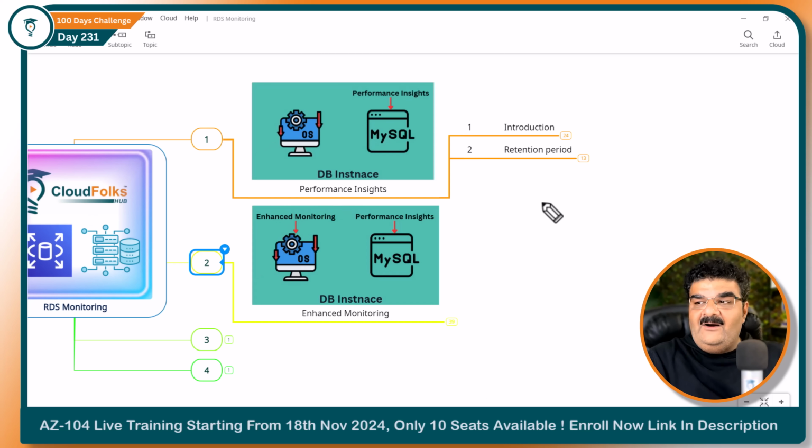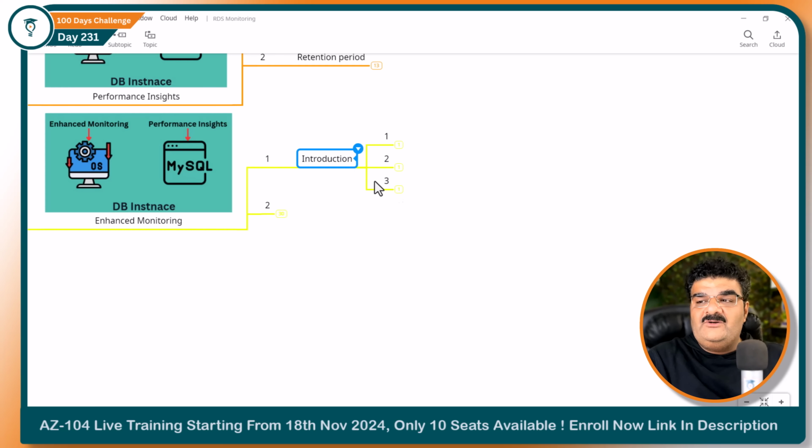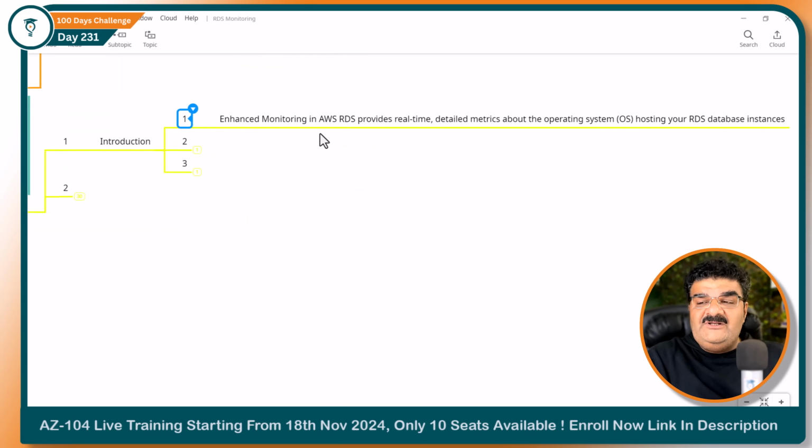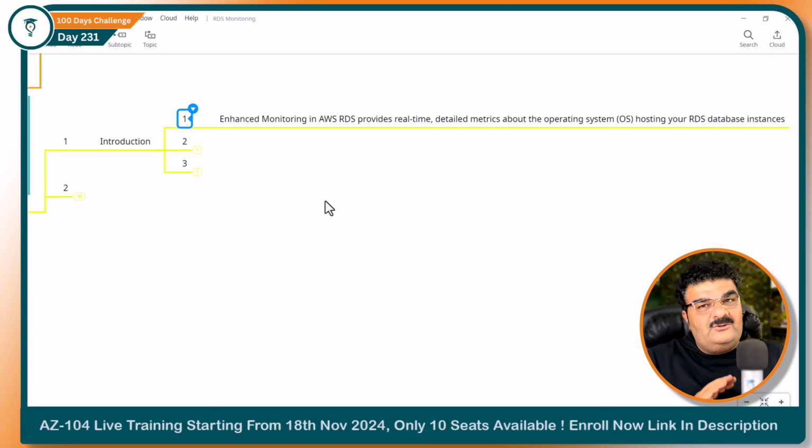Right? Now, let's understand Enhanced Monitoring through the mind map. So here we have the introduction. Enhanced Monitoring in AWS RDS provides real-time detailed metrics about the OS hosting your database instance. Although we are not responsible for managing this operating system, yes, we can monitor it.